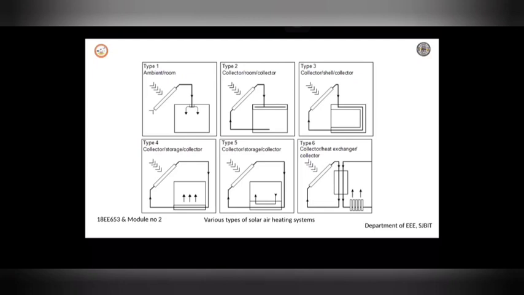Coming to the fourth one, type 4, that is your classical solar air heating system. This is a normal thing where we have a collector and we store the energy. If you look at it, in the floor of the building we will have a passage or a duct where I can store this solar energy and make use of it for a longer run.